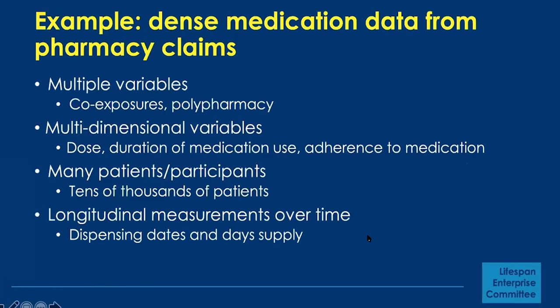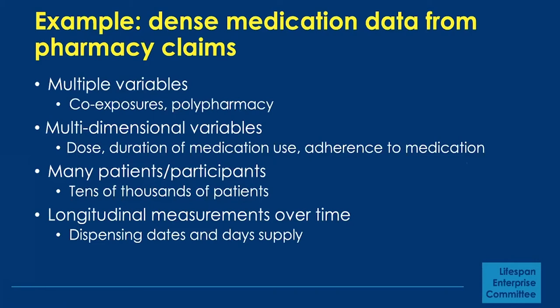So I'll give an example from my field of pharmacoepidemiology. Pharmacoepidemiologists often have to work with pharmacy claims data, and these are really high dimensional dense data. So we have data on a whole array of medications, and each medication has important dimensions to consider, including dose, duration, and adherence. And we have observations on tens of thousands of patients in these claims databases.